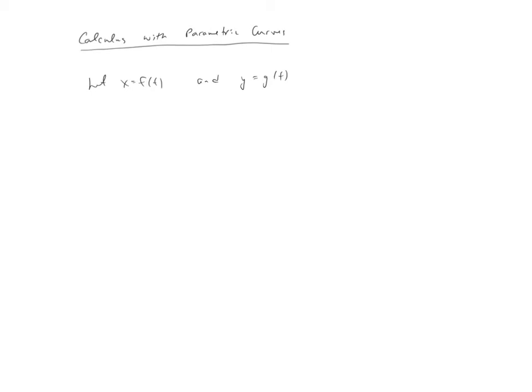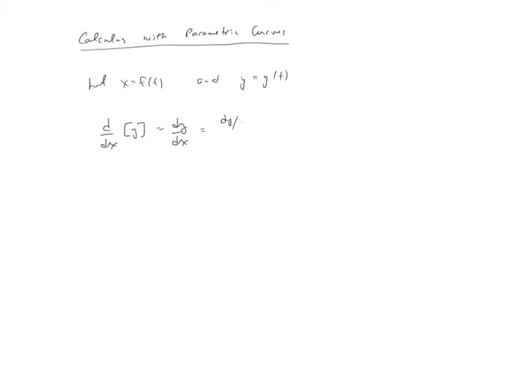If we're searching for dy/dx, then we're going to take d/dx of y, just like we would have in a traditional format, which would of course be dy over dx. But since x is a function of t and y is a function of t, the derivative of y is going to have to be with respect to t.